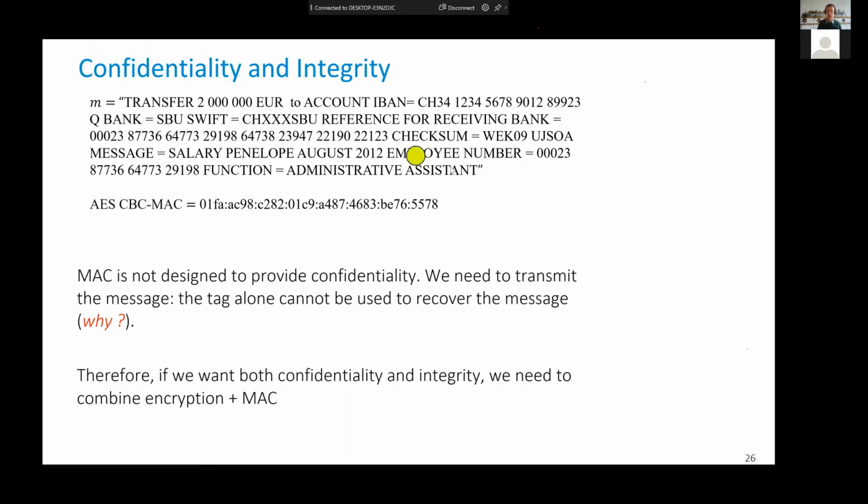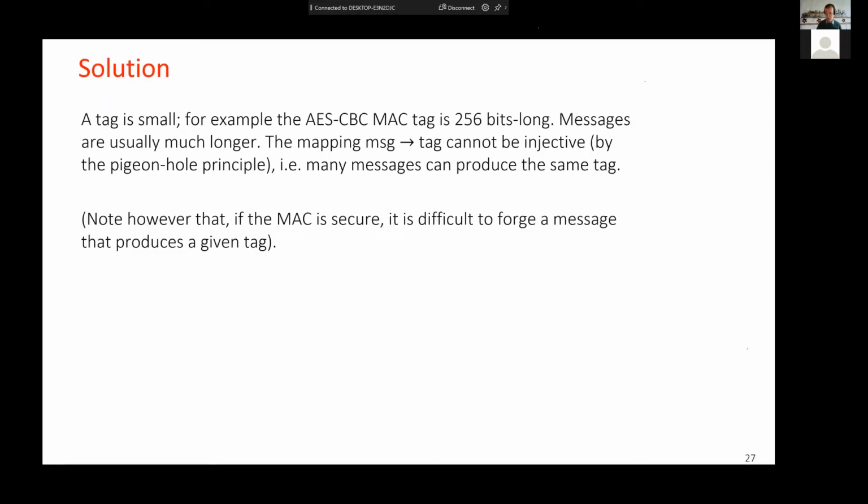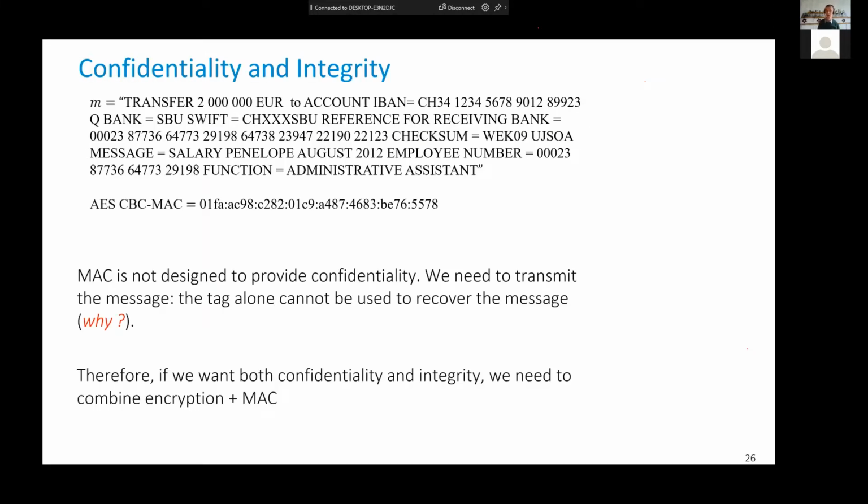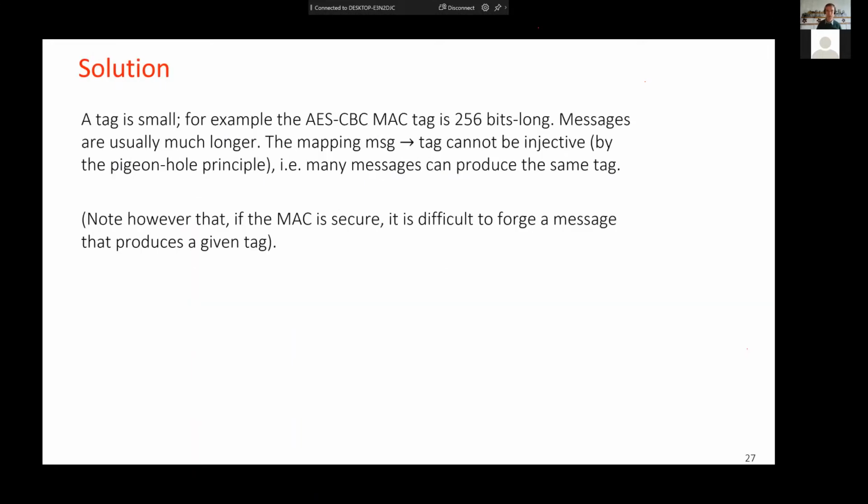Now, if I send this message, I should also encrypt it. So the question is, how do we combine encryption and MAC here? The first thing to observe is that a MAC cannot be used for encryption. And why is that? Well, a tag typically provides 128 or 256-bit long tags, which for most messages is too short.